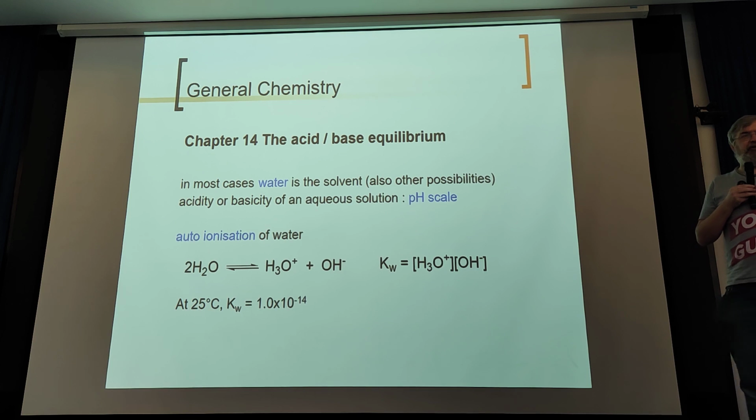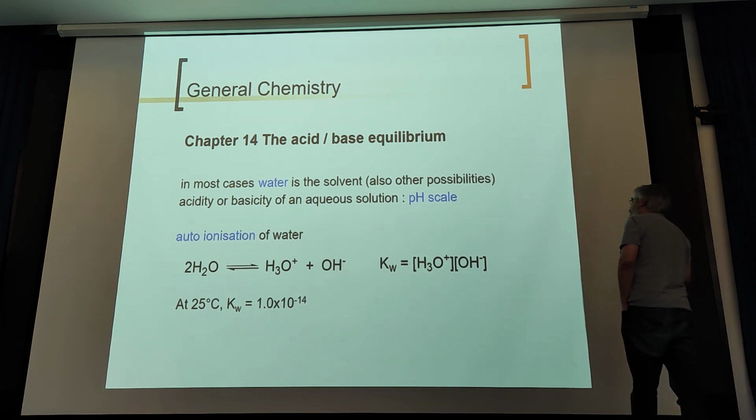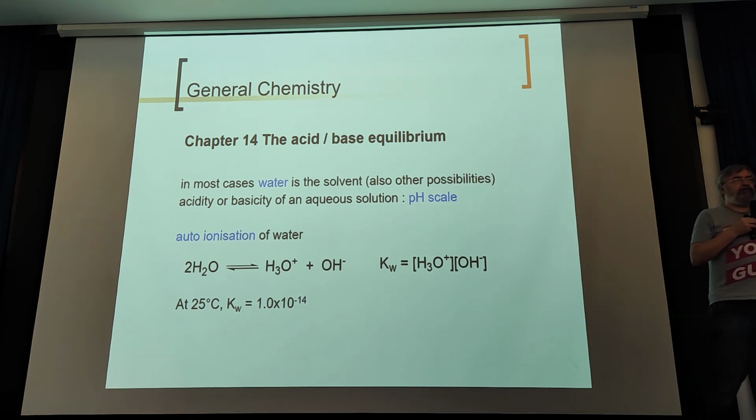So P is the negative logarithm. But more about that later. This is a scale that goes from 0 to 14. In the middle we have 7, that's neutral. Anything smaller than 7 is acidic, anything larger than 7 is basic.